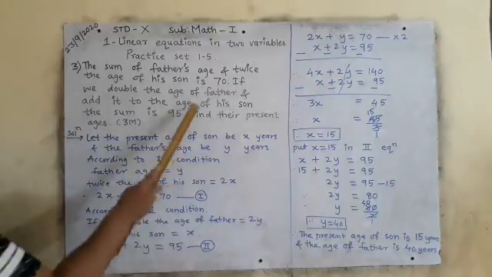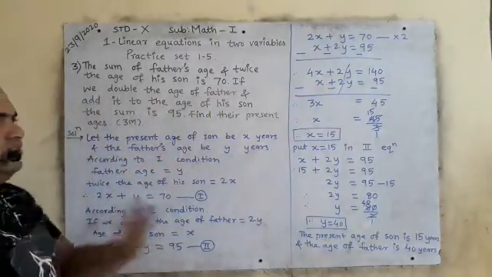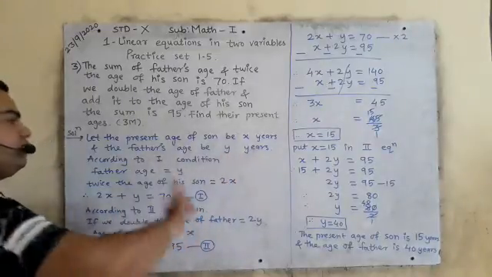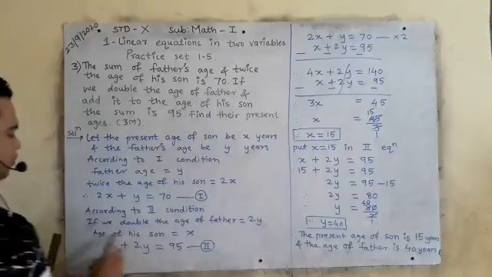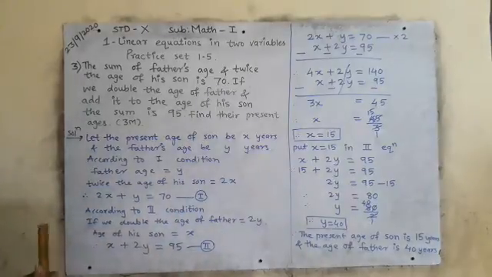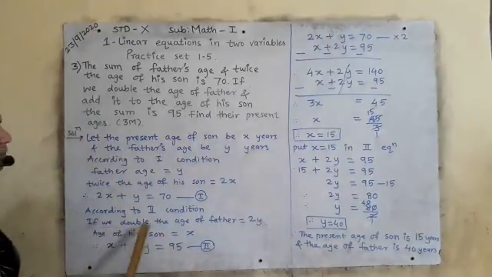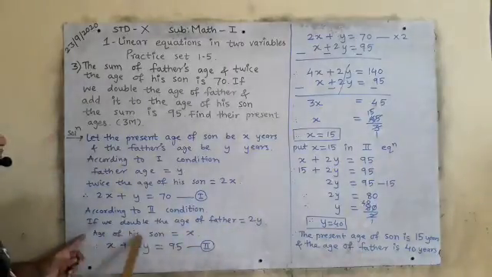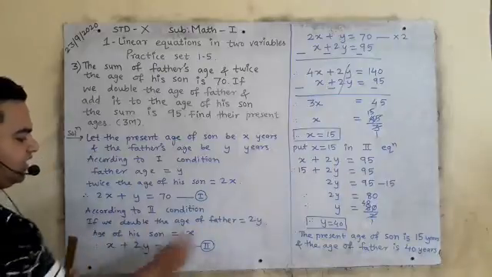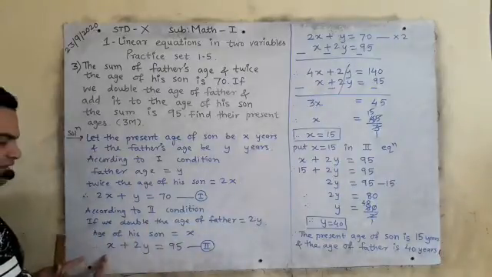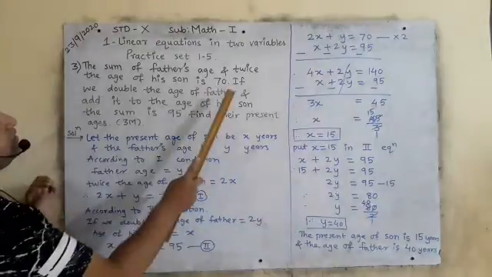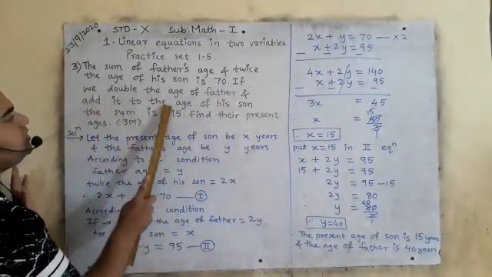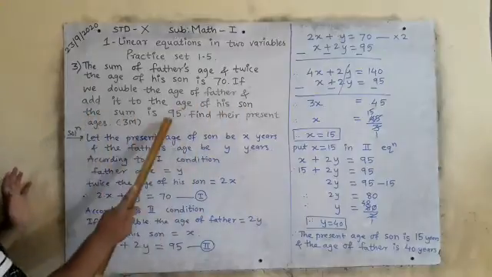Understood? Now the second condition: if we double the age of father, the age of father is y years. If we double, it will be 2y. According to the second condition, if we double the age of father, that is 2 multiplied by y, 2y, and add it to the age of his son x, the sum is 95.